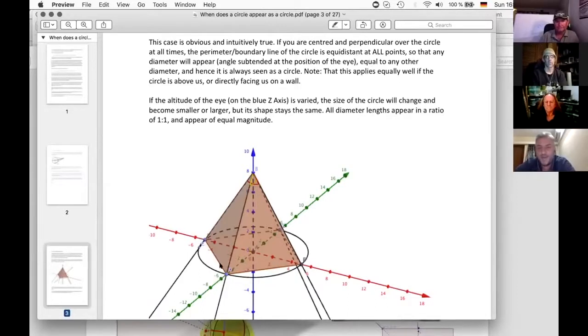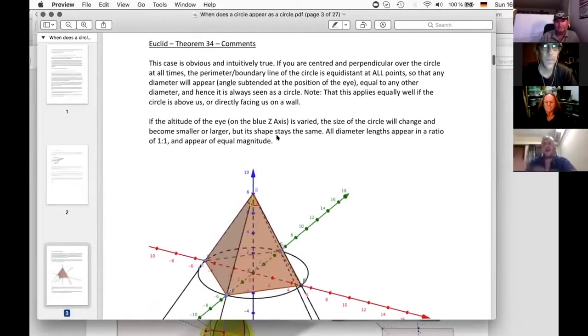So any diameter will appear to be the same ratio. And if two diameters are the same, then it must be a circle. If two diameters are not the same, then it's an ellipse. So that one is very clear: if I am straight over the center of a circle, or maybe a circle's drawn on a wall and my eye is directly opposite the center, then I can move back or move forward, and it's always going to look like a circle to me.